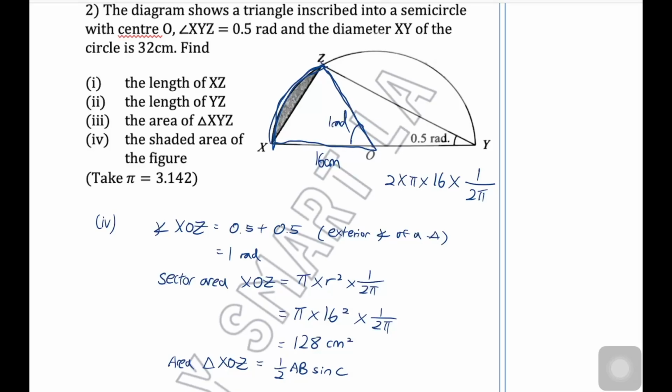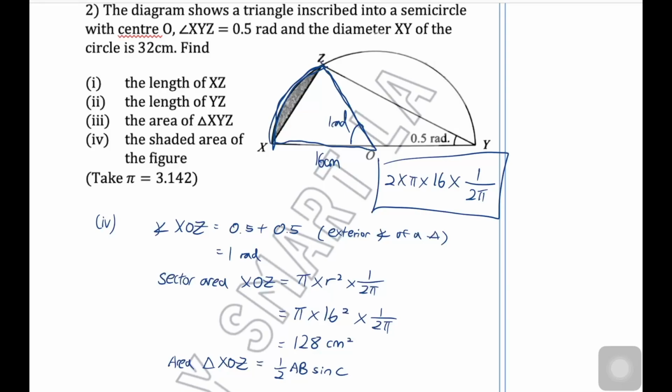Now I'm finding the arc length of this same sector, so that's why the formula will be very similar. Put this into your calculator, you will get the arc length xz. Okay, so I just want to get this out there so that you also have a rough idea, a practice on how to find the arc length xz.